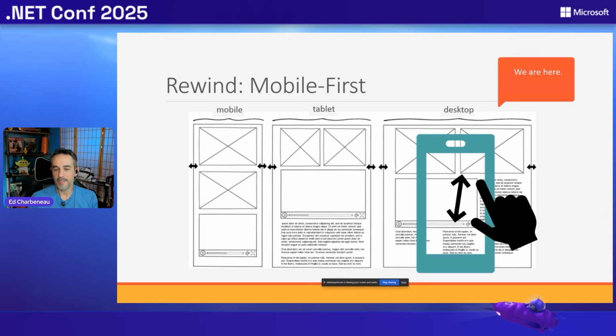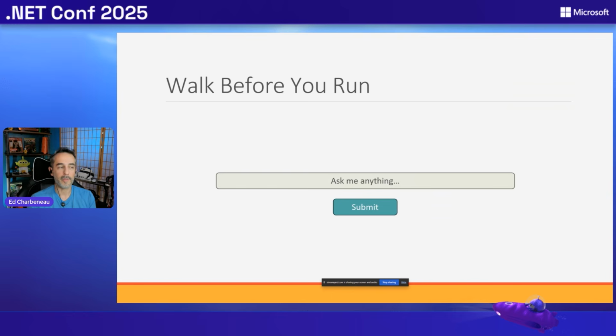We are in that pinch and zoom era, and we are trying to figure out what exactly AI first is and how do we get our existing applications to play with AI so people can be more productive. And one of the things I've seen a lot of is we have these blank canvases with a giant text box and a button, and users are supposed to understand and know what the application does.